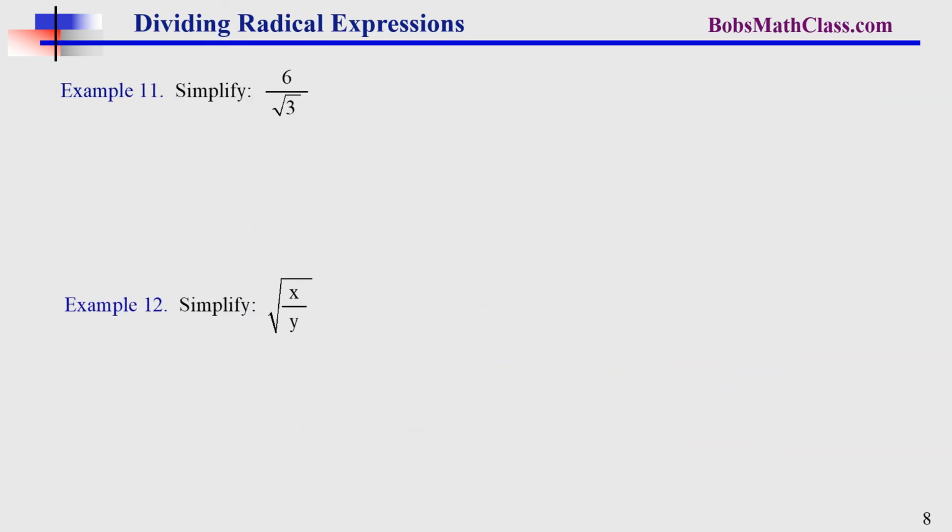So this one, it doesn't have a radical in the numerator, but we still got that same problem of having a square root in the denominator. So we're going to multiply the top and bottom by square root of 3. Now, what's 6 times the square root of 3? It's just 6 square root 3, right?